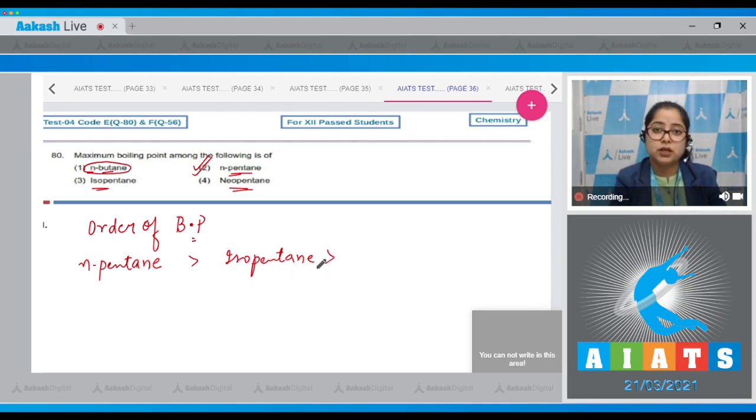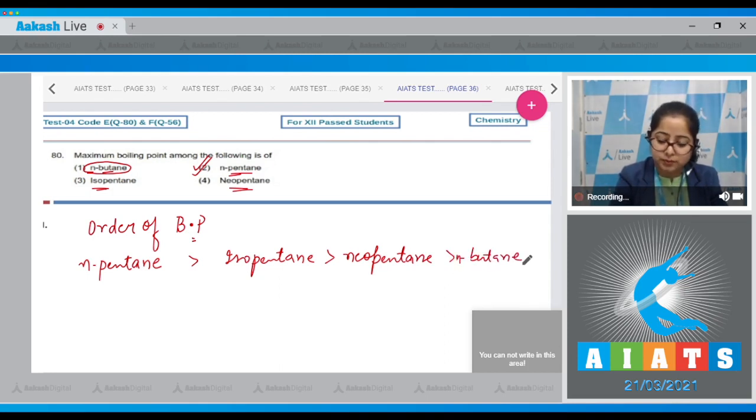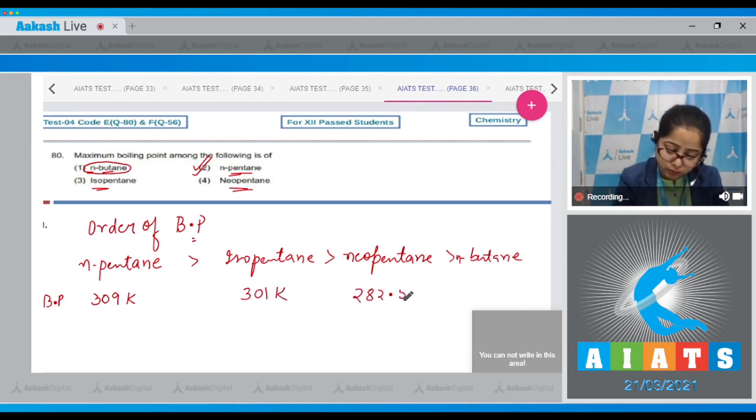So in case of isopentane and neopentane, the boiling point of isopentane will be higher, followed by neopentane, and the least boiling point is for n-butane since the molecular mass will be least. So here I am writing the data for boiling point. It will be 309 Kelvin, 301 Kelvin, 282.5 Kelvin, and 272 Kelvin. That means the correct answer is option number 2.